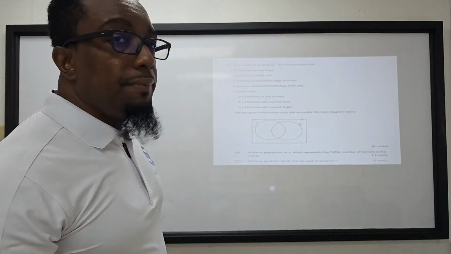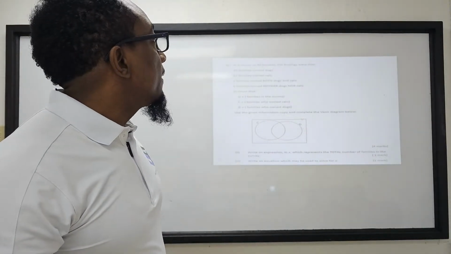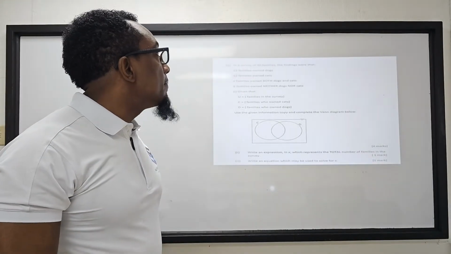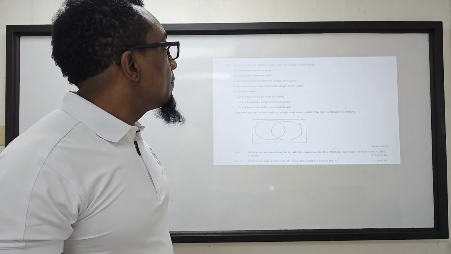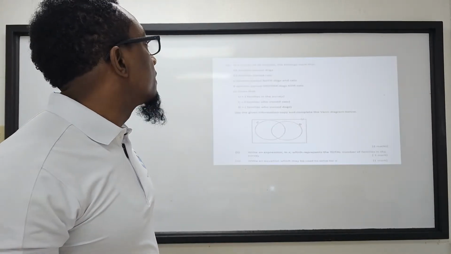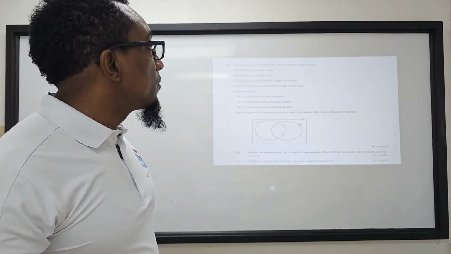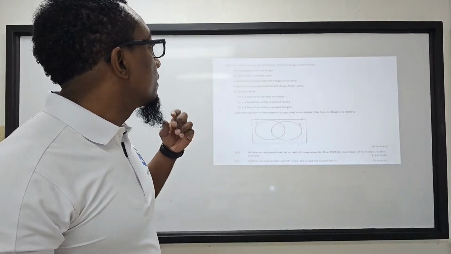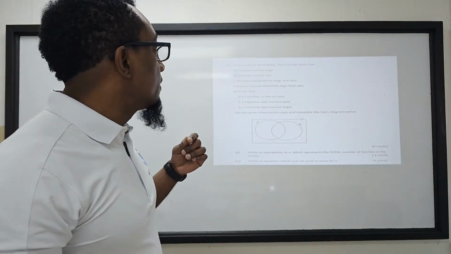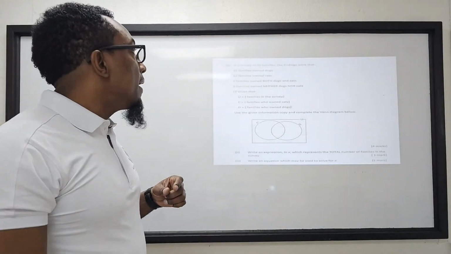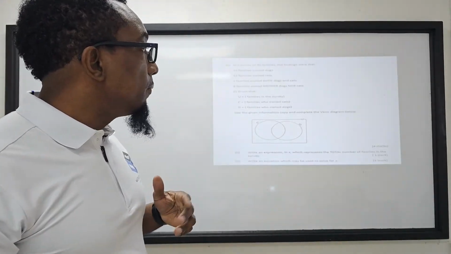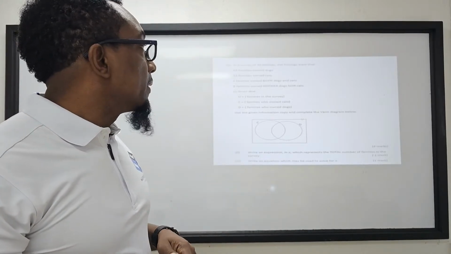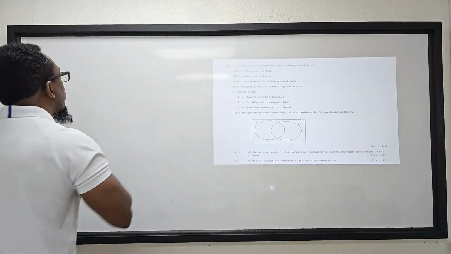Right. In a survey of 30 families, the findings was that 15 families own dogs, 12 families own cats, x families own both dogs and cats, 8 families own neither dogs nor cats. Right? U representing families, that's a universal set in the survey. C, families who own cats. D, families who own dogs. And they gave us that Venn diagram and they want us to copy and complete it. So simple.